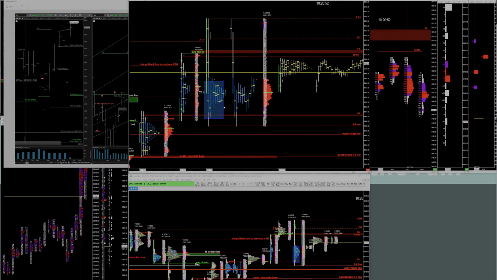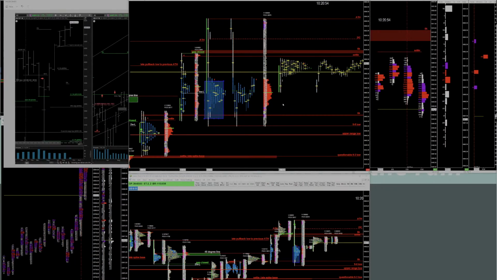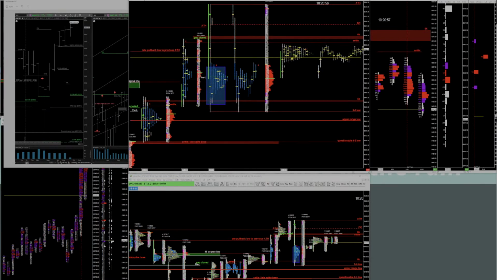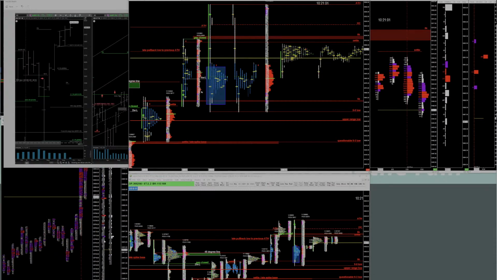Value was built in the lower side of the range. Value was overlapping lower here on Friday.